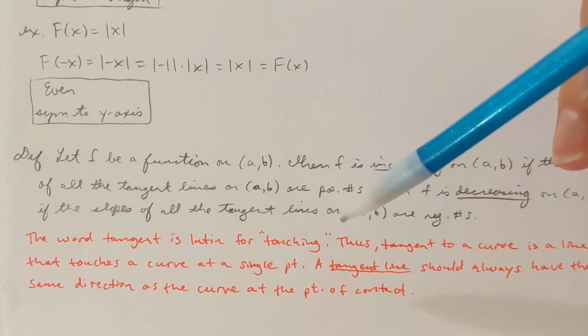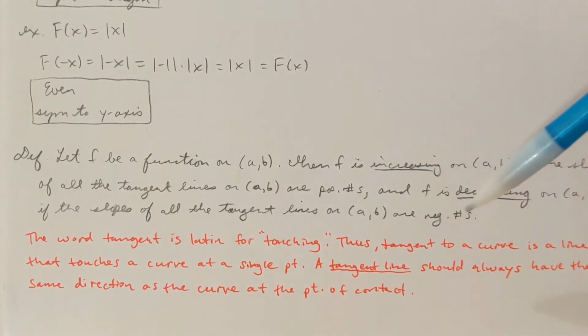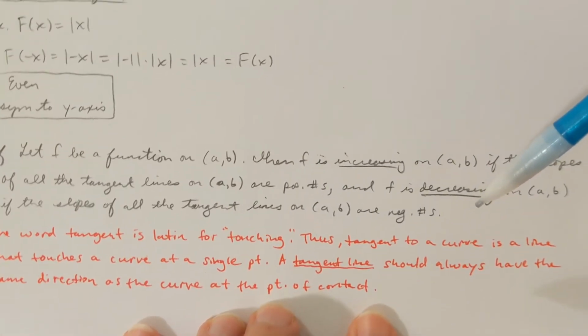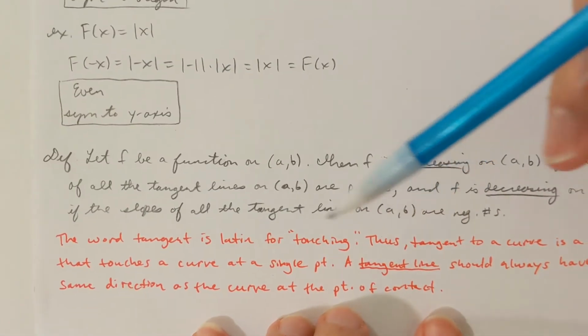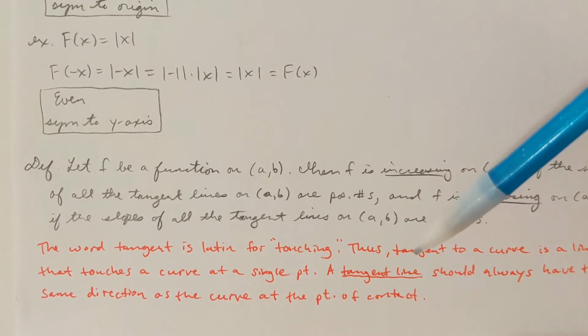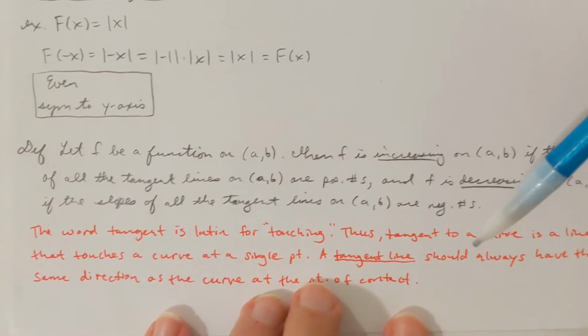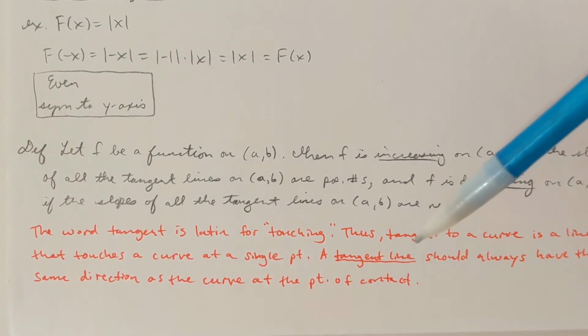Now the word tangent is Latin for the word touching. Thus, a tangent to the curve is a line that touches a curve at a single point, and a tangent line should always have the same direction as the curve at the point of contact.